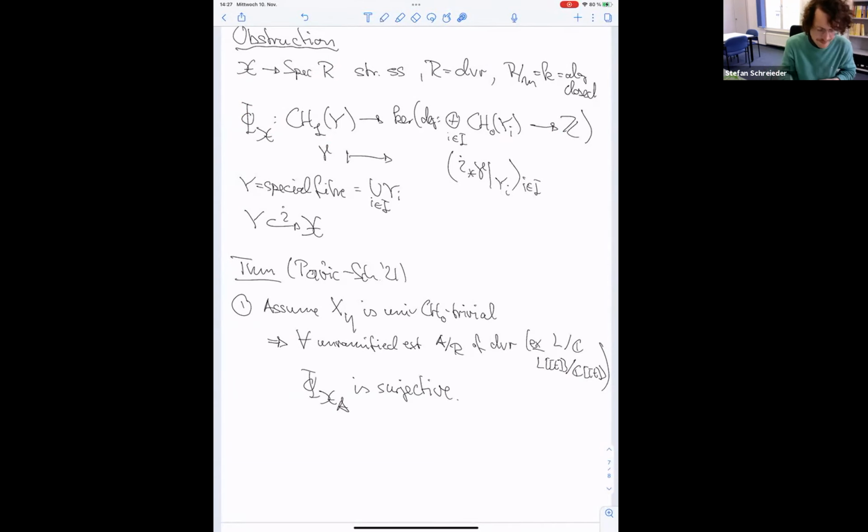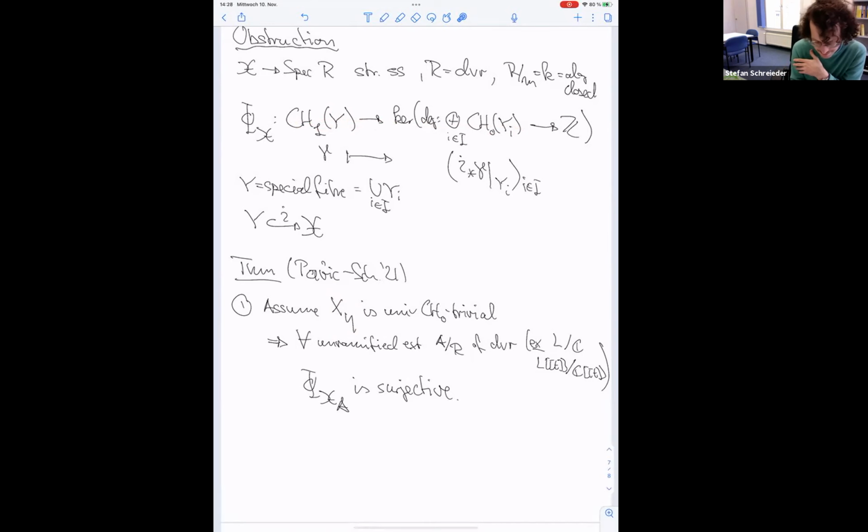So in other words, to retract rationality or a decomposition of the diagonal of X_η, it would be enough to find a special fiber so that this map here is not surjective after some base change.